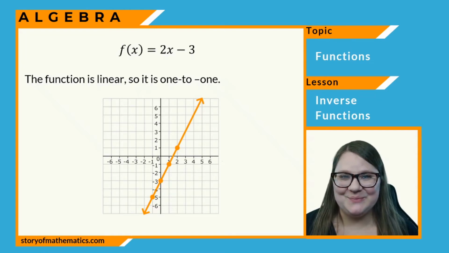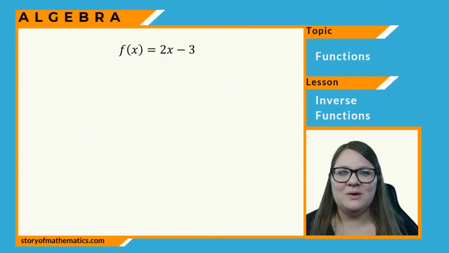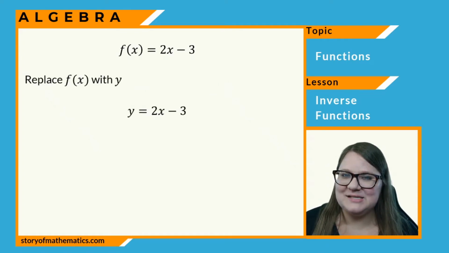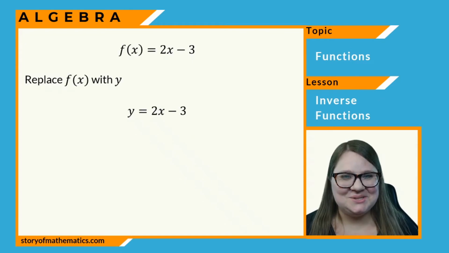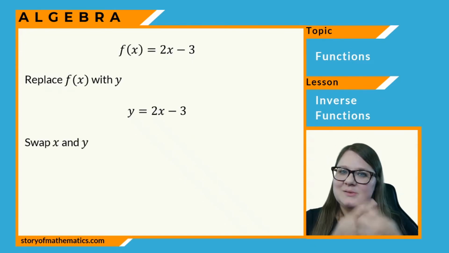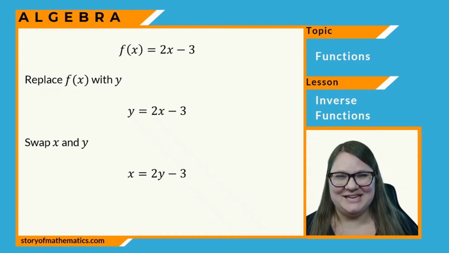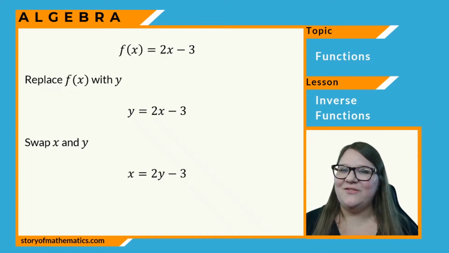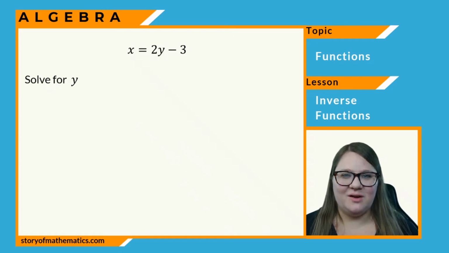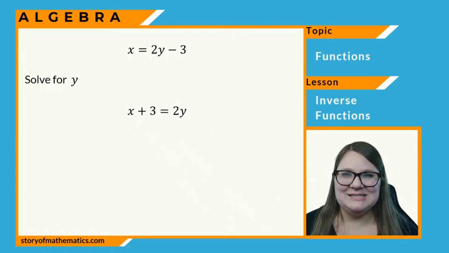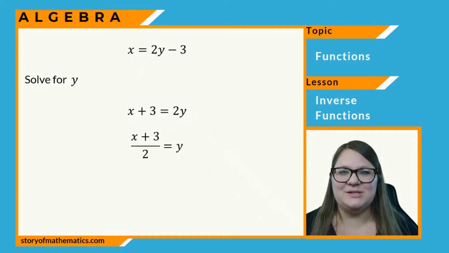We can continue. So let's take a look at this. We're going to replace f of x with y. So now we have y equals 2x minus 3. Then we're going to swap the x and y. So now it's x equals 2y minus 3. Now that we have this format of the equation, we're going to solve for y. To do that, I'm going to start by adding 3 on both sides, and then I just need to divide by 2.